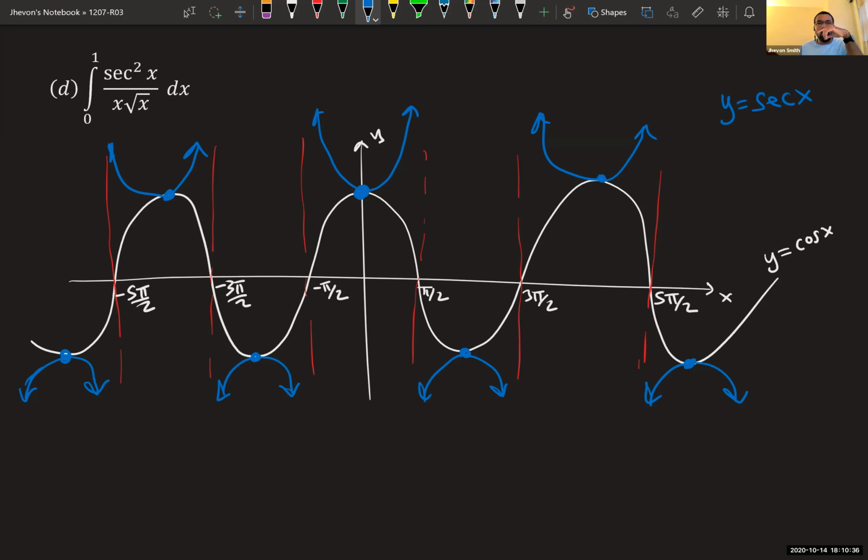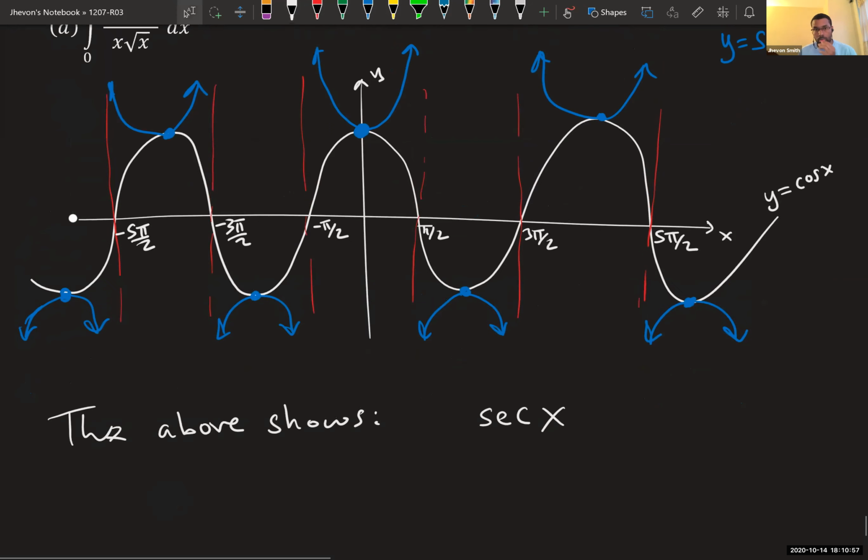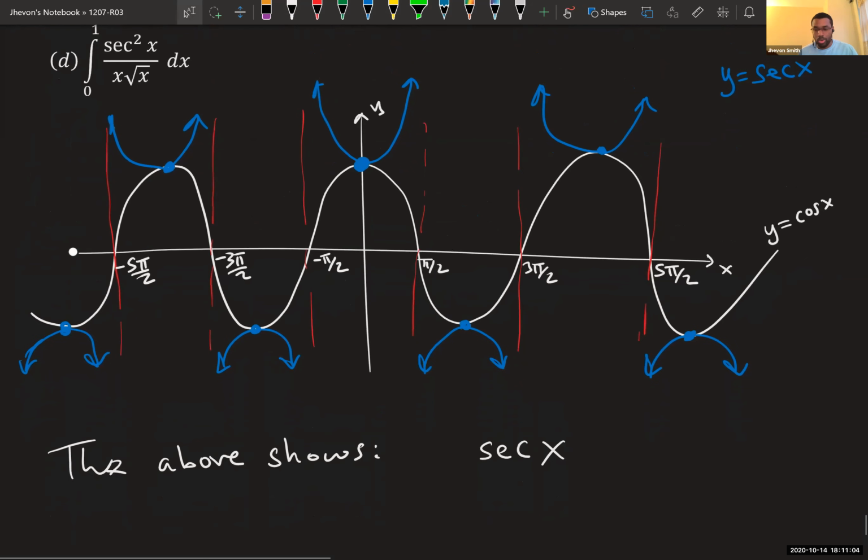Knowing that in blue, what can you tell me about secant in terms of boundaries? From 0 to 1, it's greater than 1 over x root x. Or let me be a little more to the point here, because in the question, it's not secant.